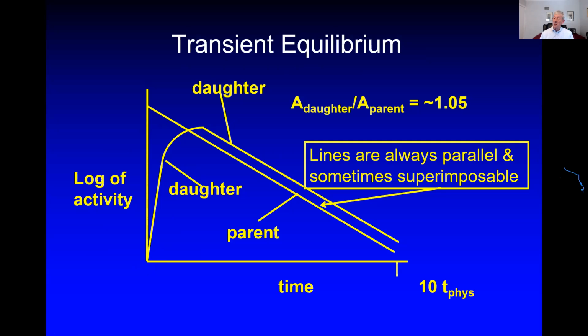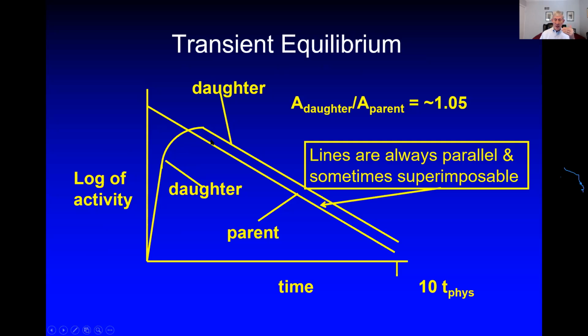But the molybdenum is decaying continuously. It's always decaying. It's a random process. It's going on eternally till it's all gone. So the daughter is being formed and it's accumulating much faster than it's decaying. And then as time goes on, the production rate of the daughter slows down. And once it reaches equilibrium, this is the point where the daughter and the parent are at equilibrium.